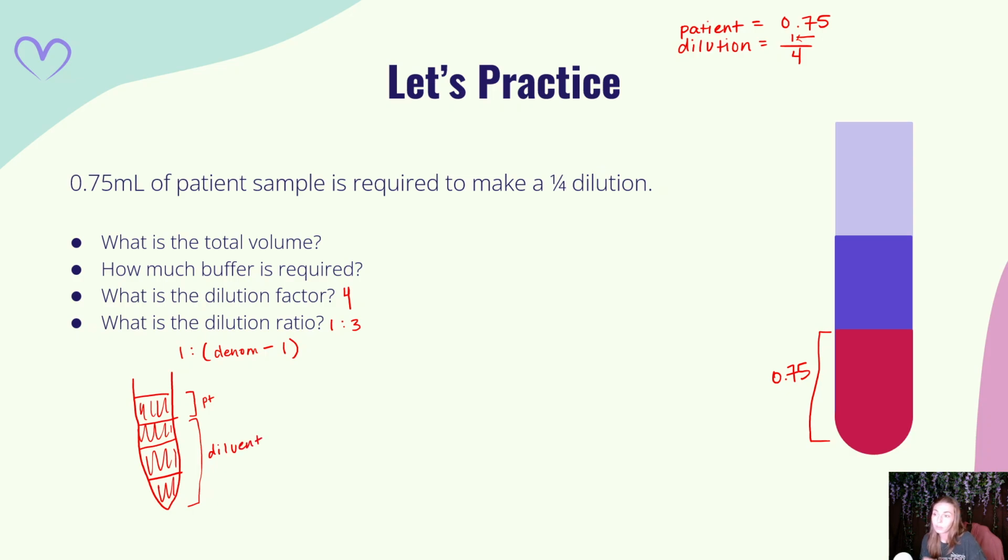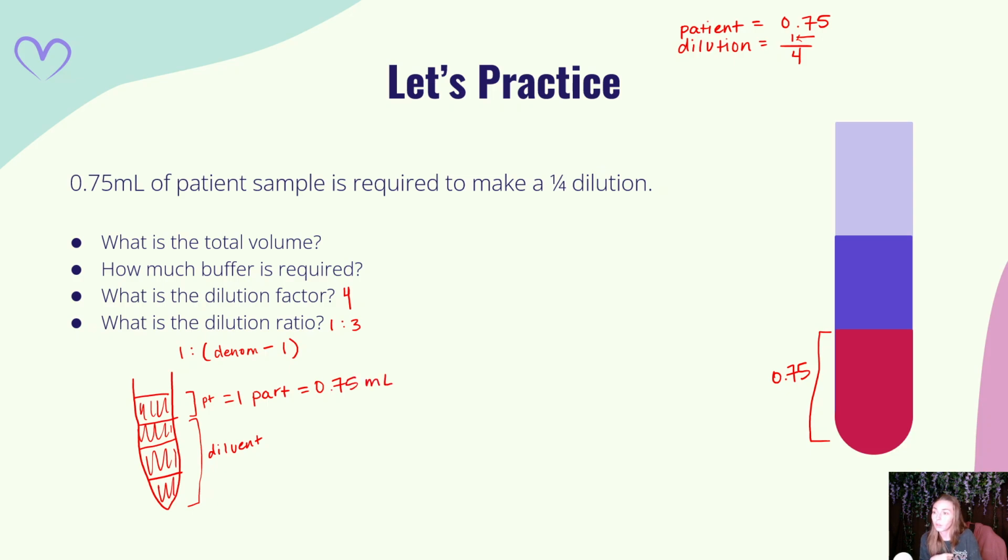The reason I'm harping on this idea of parts versus total volume is because we know that the patient equals 1 part, and we also know that the patient equals 0.75 milliliters.